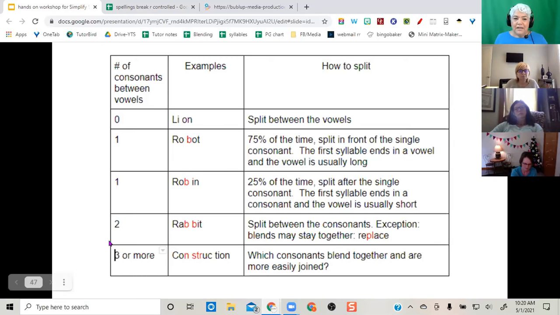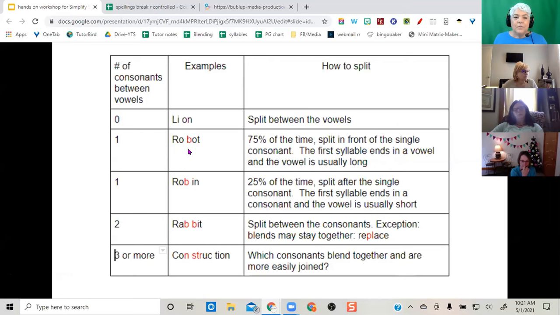If there's one consonant between the vowels, most of the time you split in front of that single consonant and you have a long vowel sound in the first syllable. People talk about robot and robin, camel and tiger, whatever you're going to call it. This is what's common in most programs.